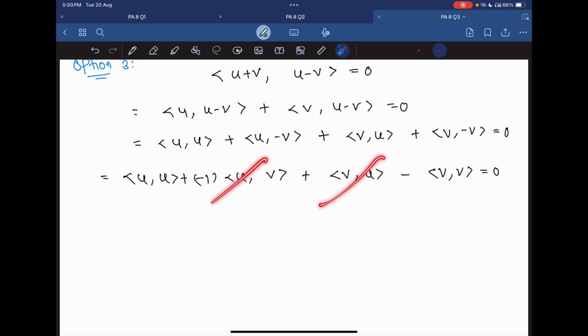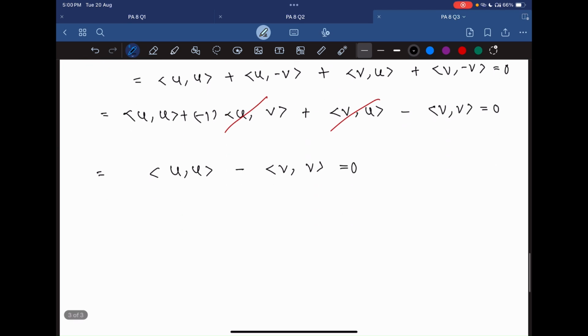We can cancel out these two quantities, as we know due to the symmetric property that the inner product of U and V would be the same as the inner product of V and U. So these two will cancel out and we are left with the inner product of U with U minus the inner product of V with V equal to 0.